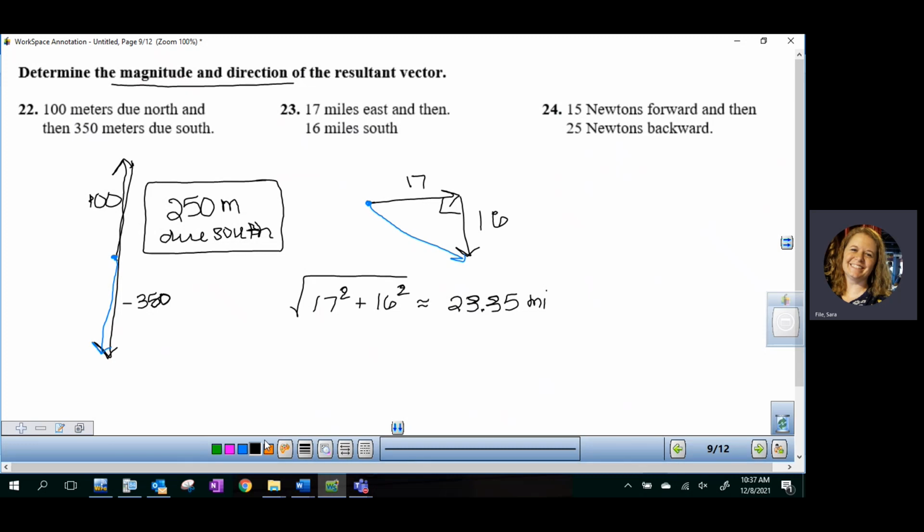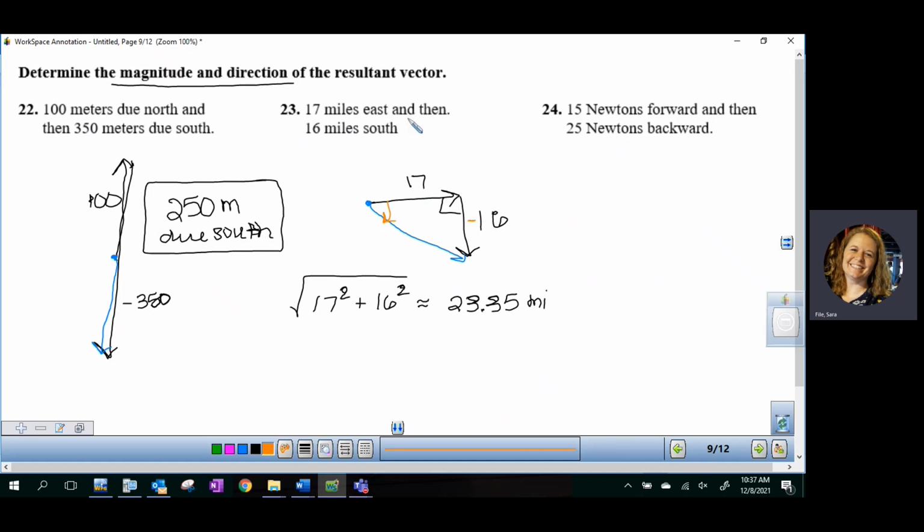Okay, now the direction we've talked about. If I want this angle here, this direction, because this would be quadrant 4, wouldn't it? East and then south, because it's positive and then negative, right? So it's going to come out negative, or I can add 360 to it to get it as a positive, right?